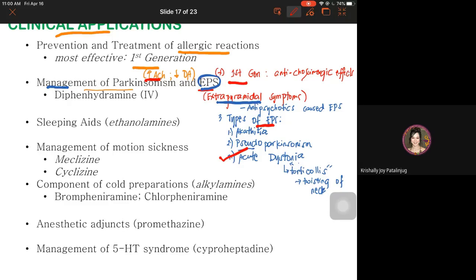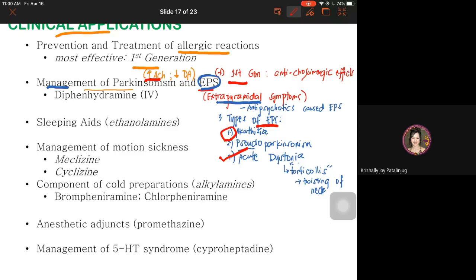But the only EPS not treated with anticholinergic is yung akathisia. The rest, anticholinergics ang ginagamit.